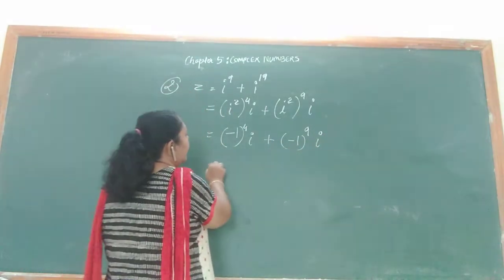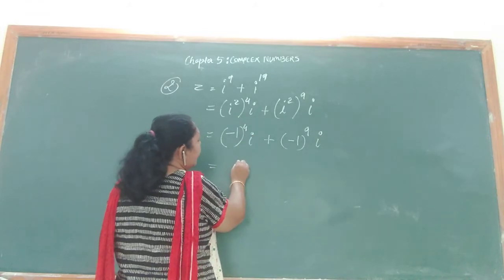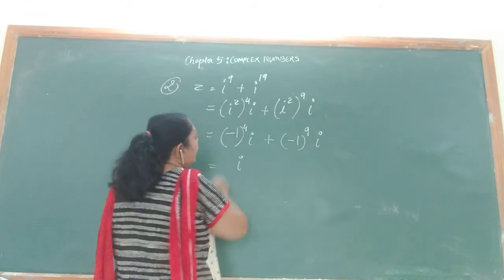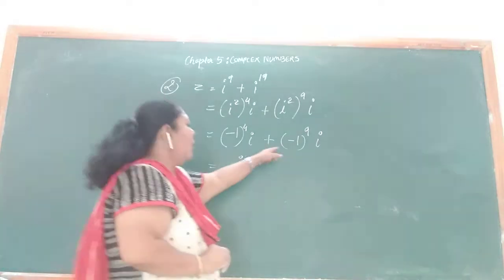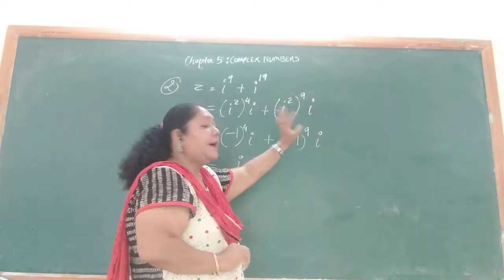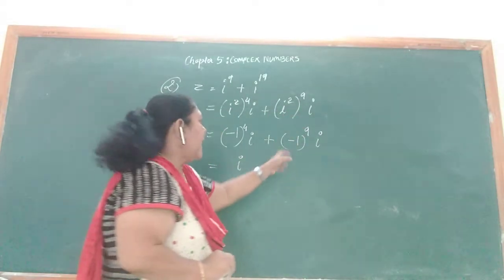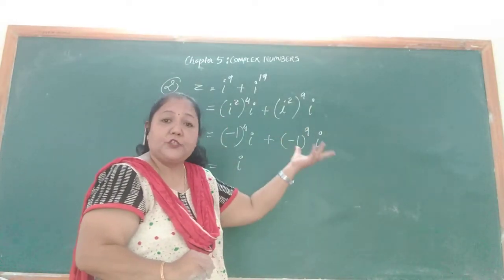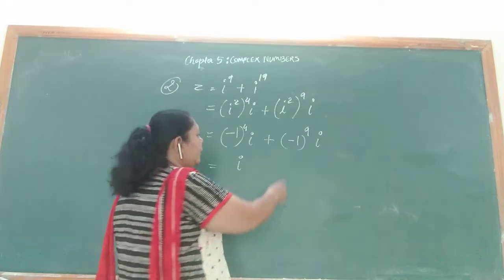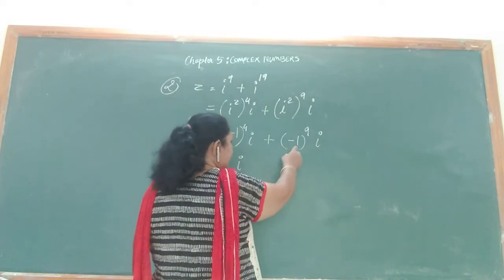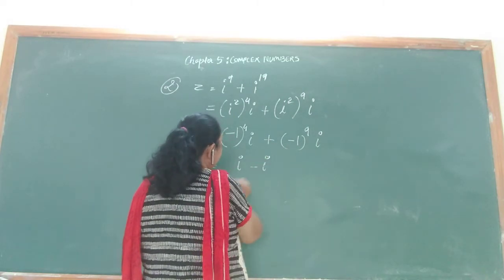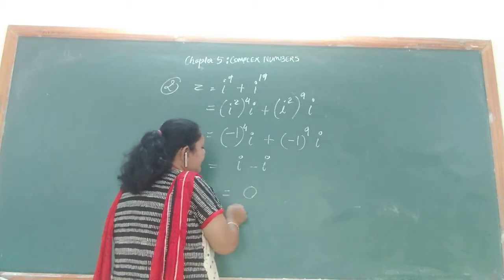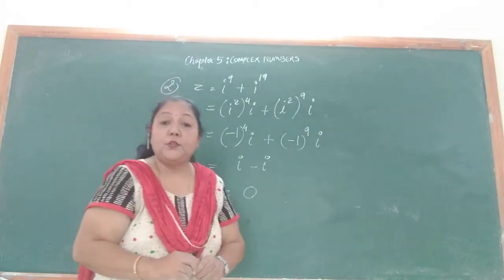So over here, even power, so it will become plus 1 and only i will remain, and over here minus 1 raised to 9, an odd power, so this will become minus 1 and this will become minus i. Plus i and minus i will become equal to 0.